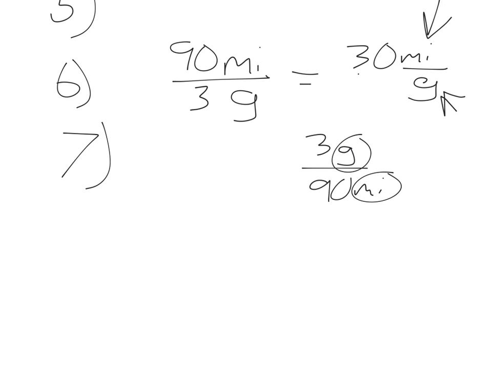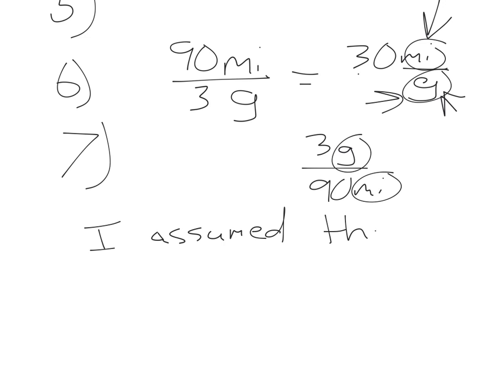So, miles per gallon, usually, whenever you hear someone say something per something, top per bottom, the bottom number is assumed to be 1. So, to answer number 7 grammatically, I would say, I assumed that I had 1 gallon.